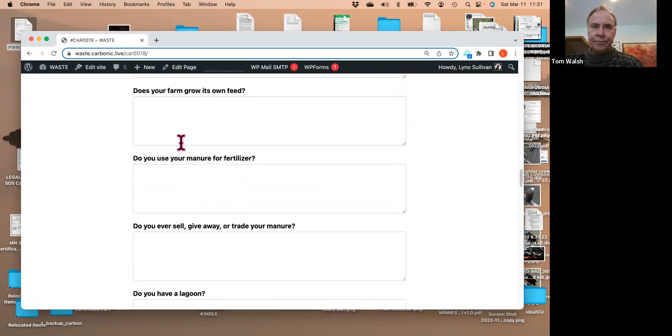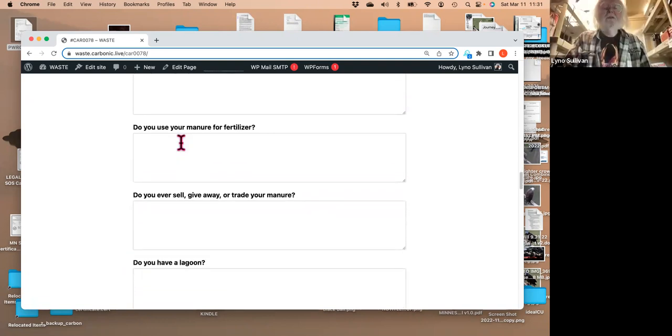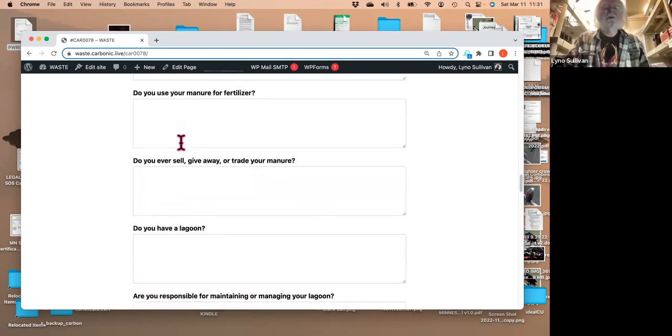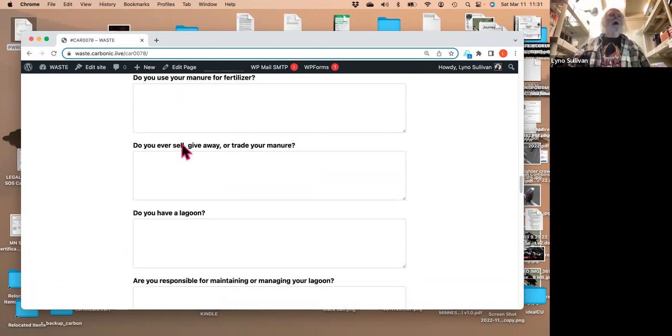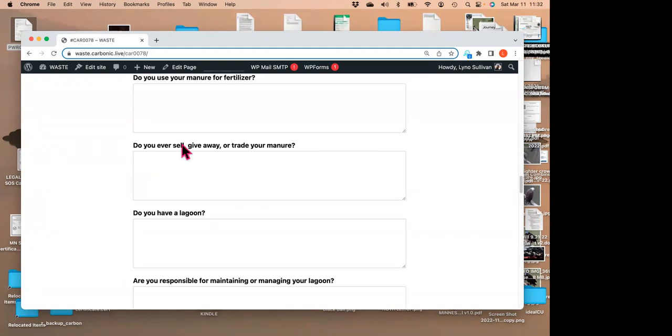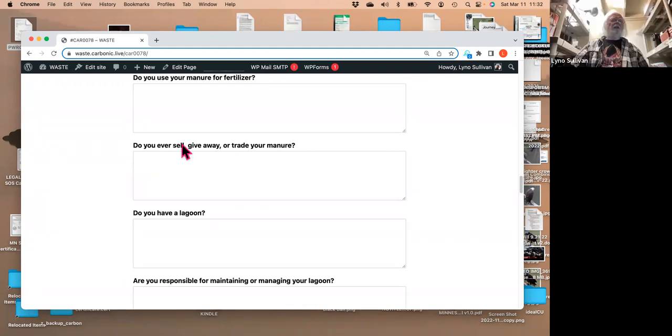Do you ever sell, give away, or trade your manure? Why not? A farmer says, hey, gardeners on the edge of your city, if you want a ton of manure delivered in 50-pound bags, I can deliver that to you on this day, and you can prepare for it, and it'll be in your driveway.